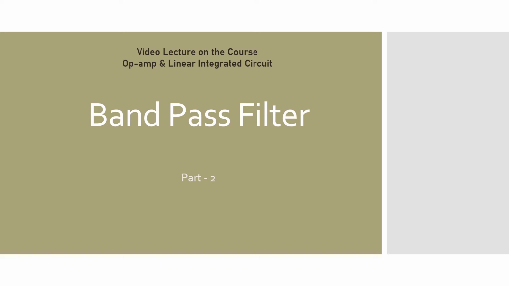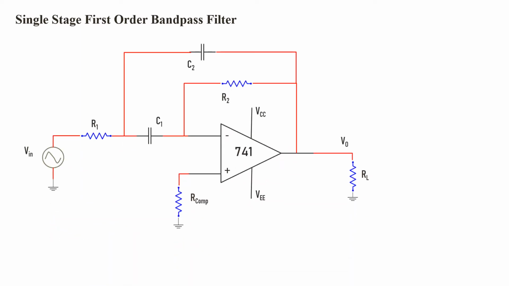We will see the circuit diagram of this circuit and see how the lower cutoff frequency and higher cutoff frequency can be achieved using a single amplifier. We call this a single stage first order band pass filter. Single stage in the sense that it is using a single amplifier, the op-amp.